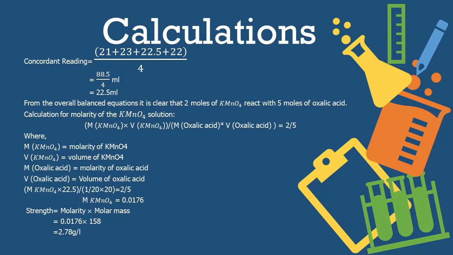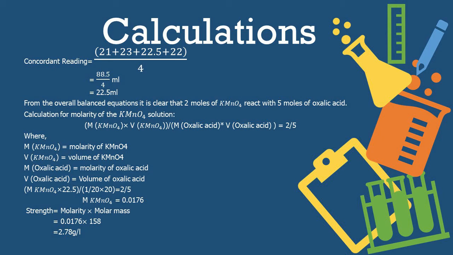As before, I explained these calculations before performing the practical. So what we have done, we have taken the average of the 4 concordant readings, which came out to be 22.5 ml, and as we have seen in our equations, for each 2 moles of KMnO4, 5 moles of oxalic acid are consumed.